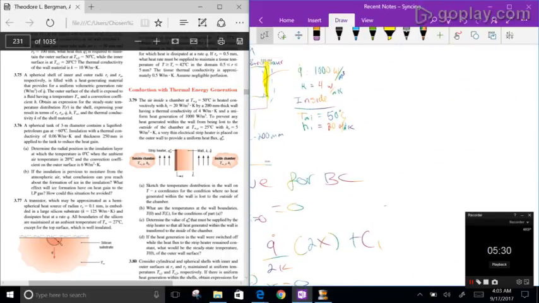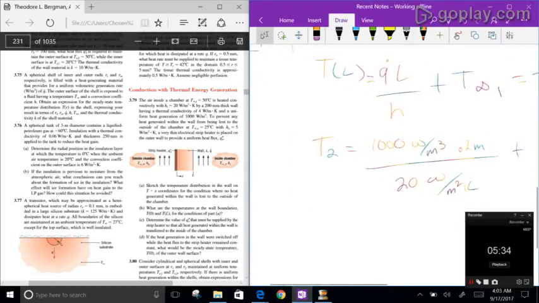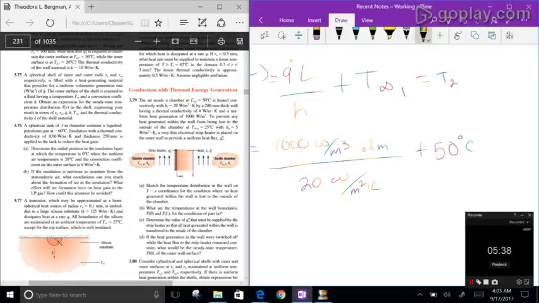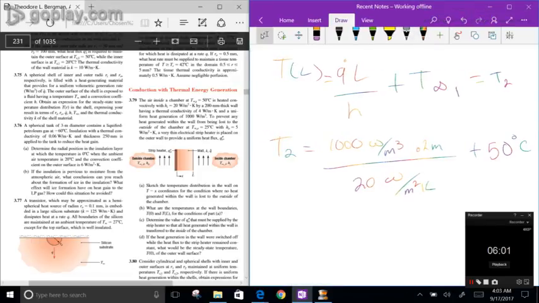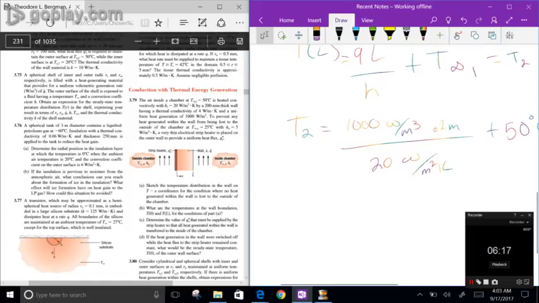What's T infinity inside? 50 degrees C. And that will get you 60-ish degrees C. So from there, we know that at L, T of L, which equals T2, equals 60 degrees C.